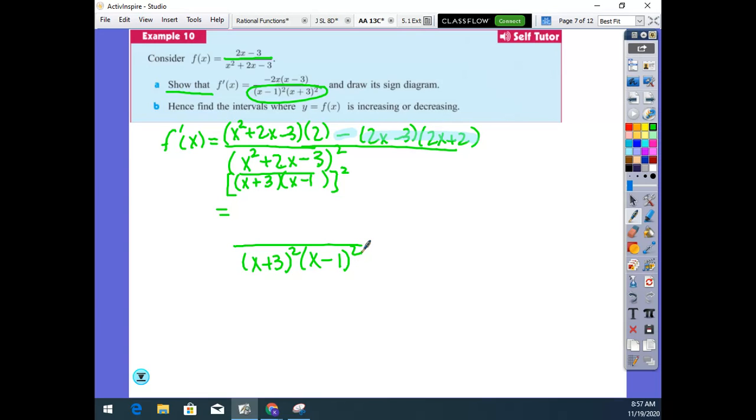All right, now we have to distribute our top. So take 2 times everything. Now, I'm going to put a parenthesis here because we're going to have to distribute this later. So first I just want to multiply my 2 parentheses.